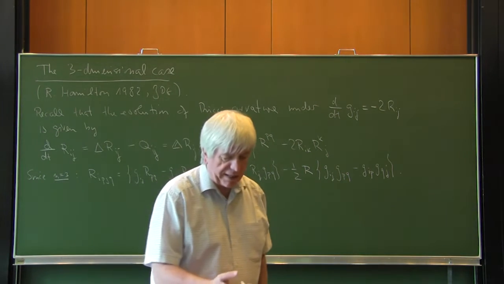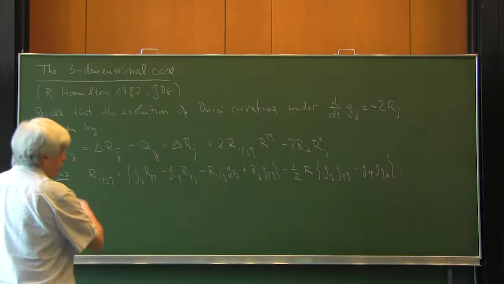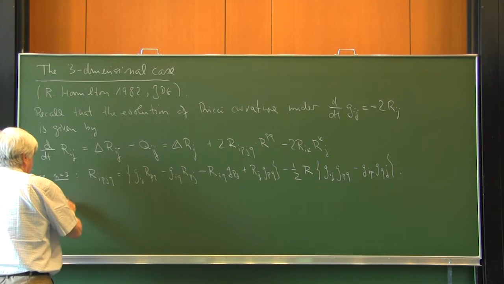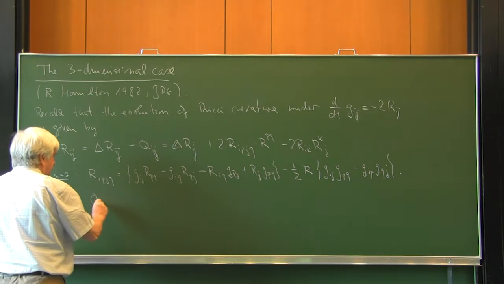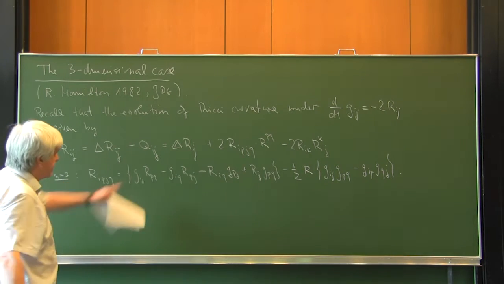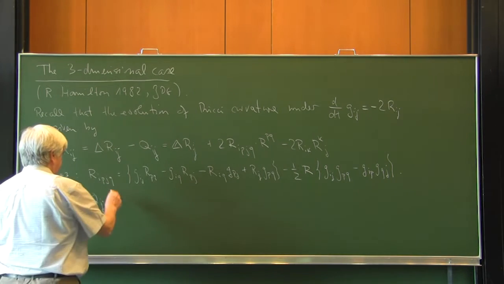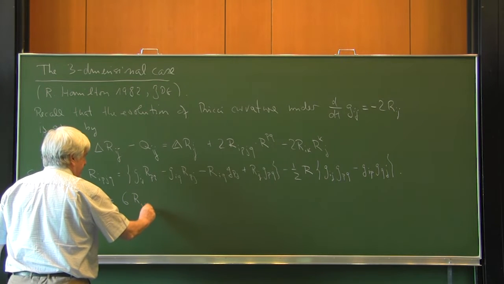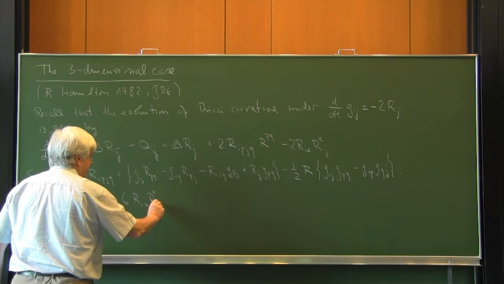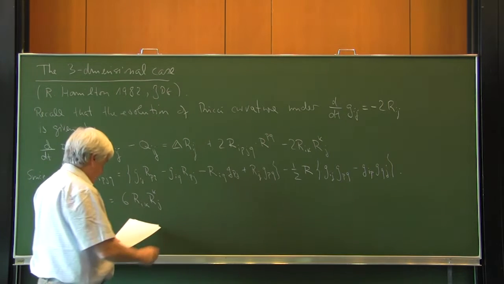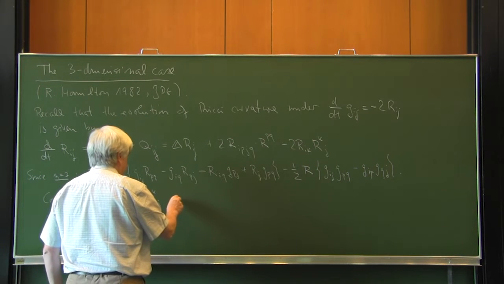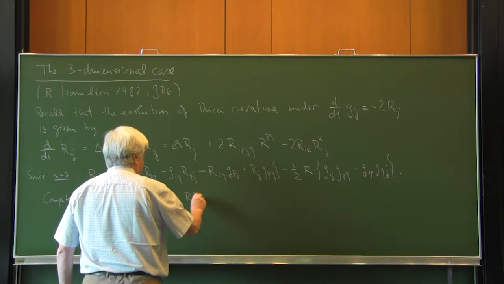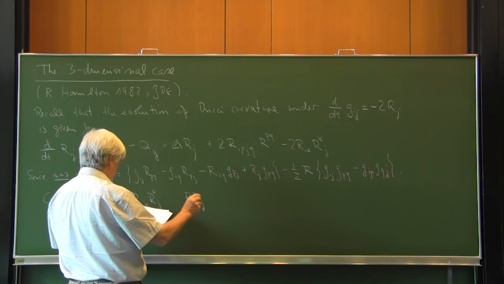So it's clear what you're going to get. You get one term, just have to determine the coefficients, and you get that the Q_ij here, this tensor here, is given by one term which looks like the square of the Ricci tensor, and its coefficient is 6. Then there will be one term where the Ricci tensor is multiplied with the scalar curvature, and the coefficient turned out to be -3.